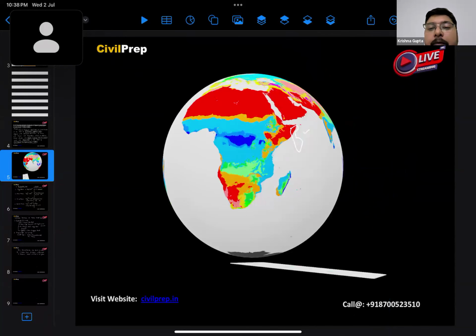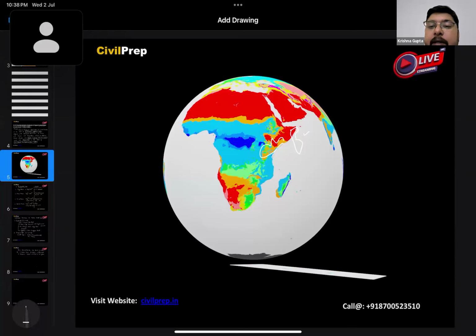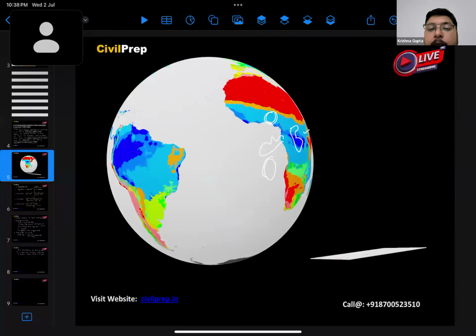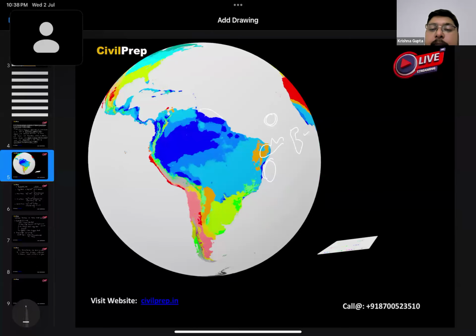Okay, in the part of Africa here we can see this is the savanna. Okay, under this part here we will be seeing the monsoonal type of climate. Okay, as we move towards Brazil, here also we'll be seeing there is presence of savanna in this region. Okay, this is also the savanna type of climate which is present here.